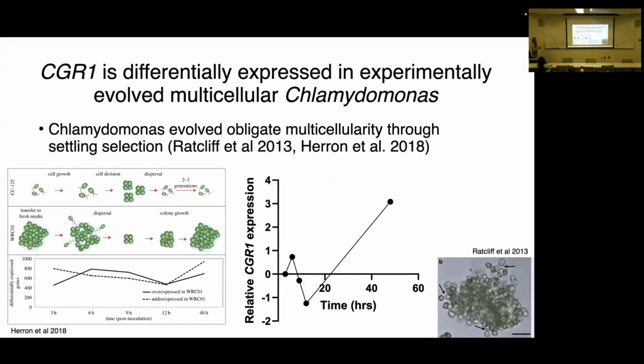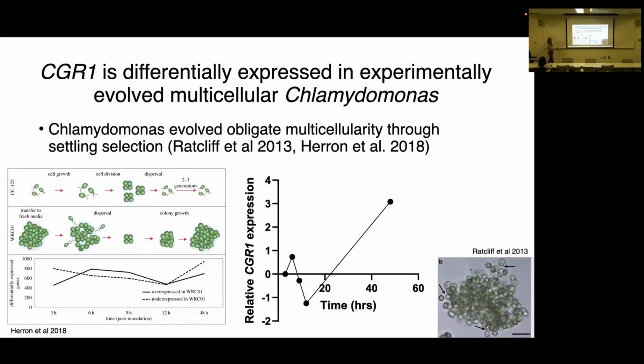We also looked at whether this gene was expressed in multicellular Chlamydomonas that Will's lab had evolved through settling selection to have a multicellular component of its life cycle. And we found that CGR1 was one of the genes that they identified as being significantly differentially regulated in the multicellular Chlamydomonas.